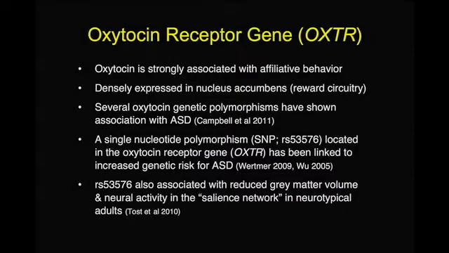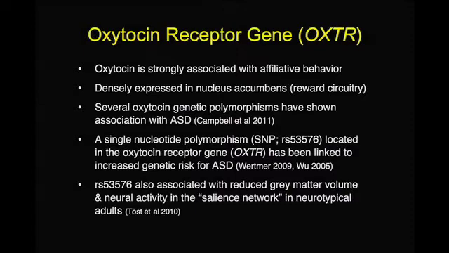Okay, the last autism risk gene that we have been focusing on, in collaboration with Liana Hernandez, is the oxytocin receptor gene. And again, in terms of background, I'm going to go very fast because I want to get to the data. We know that oxytocin is strongly associated with affiliative behavior. It's densely expressed in the nucleus accumbens, which I hope you remember is at the core of the reward circuitry.